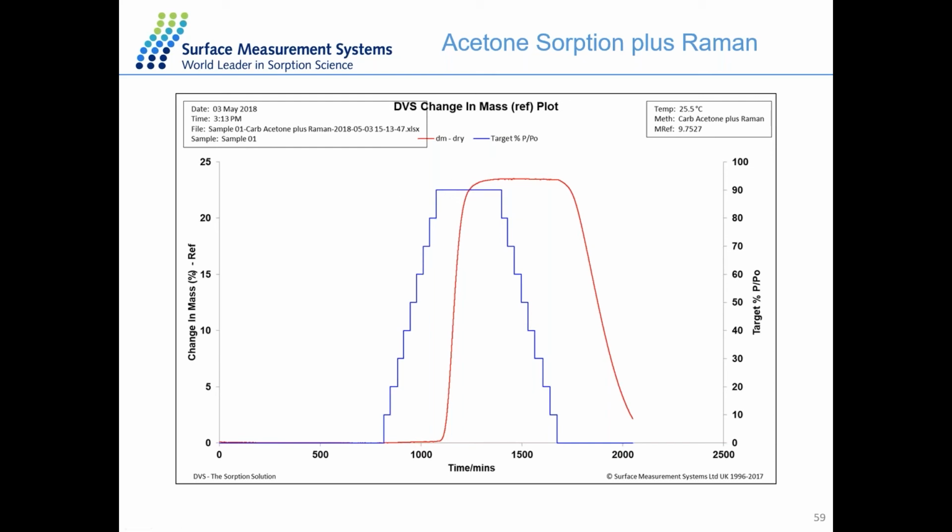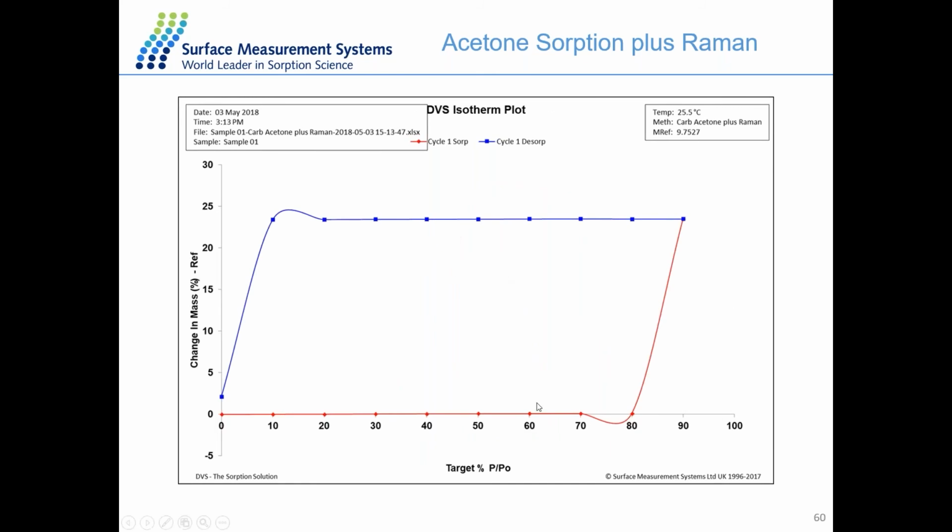If we plot the isotherm of this data, you can see that the critical value of partial pressure that causes the formation of the solvate is over 80%. So it's basically no uptake until we get to 80, a jump up when we get to 80, and once it's formed, the solvate is very stable. We have to go below 10% acetone to get back to the initial form of the sample, which is reversible.